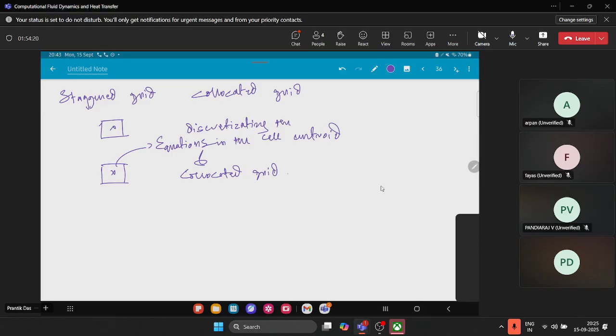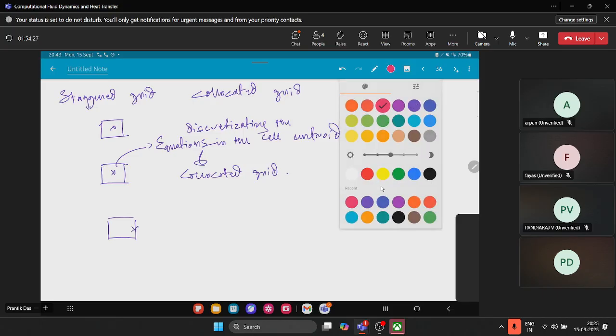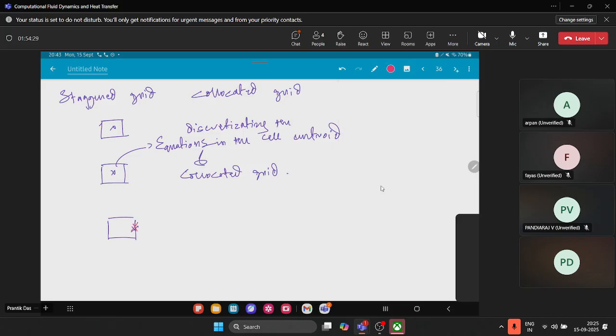But if, instead of solving at the cell centroid, we are solving at the cell face, then it is called a staggered grid. For example, if you are solving both the continuity and the momentum equation in the same cell centroid, then it's called a collocated grid.